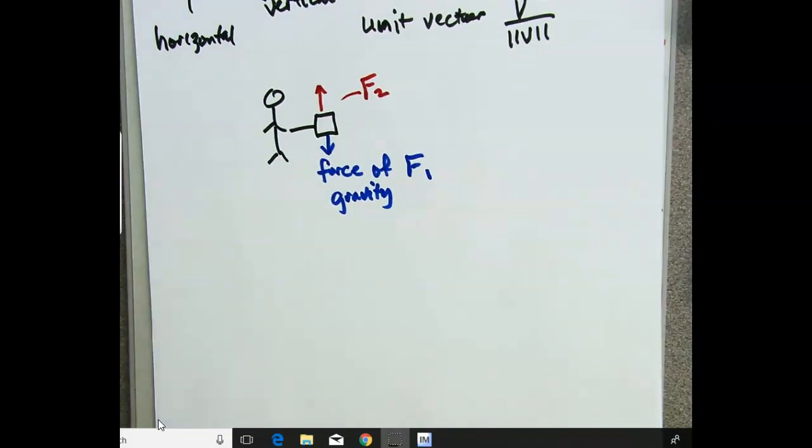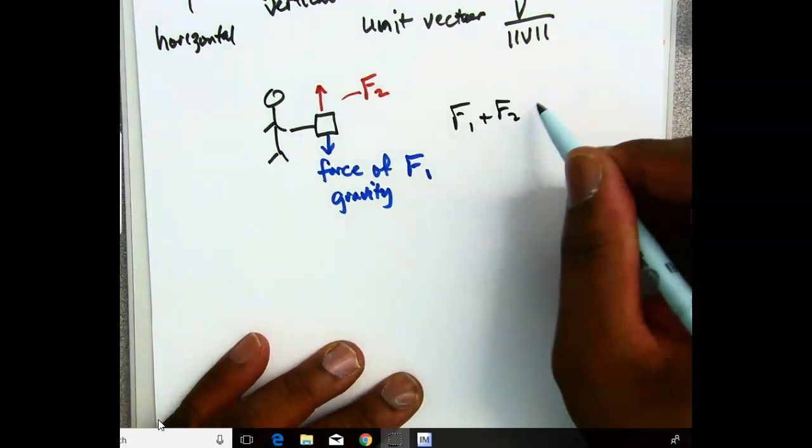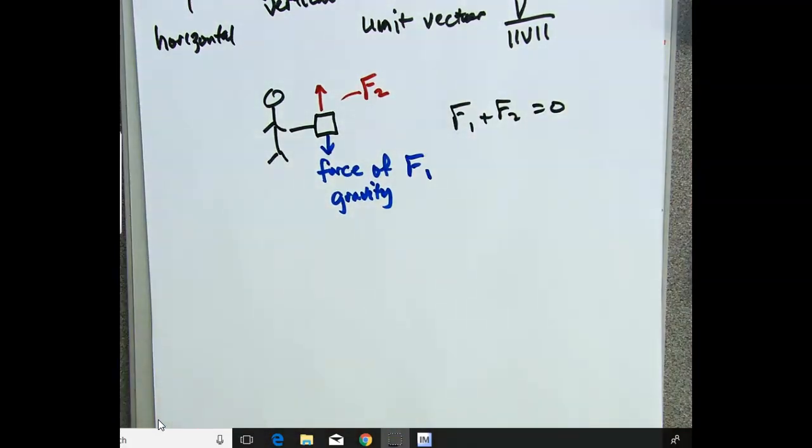One of the forces is pulling down, negative, the other force is pulling up, positive. They're equal. They cancel each other out. So the resultant vector of force 1 plus force 2 will equal 0. They're opposites of each other.